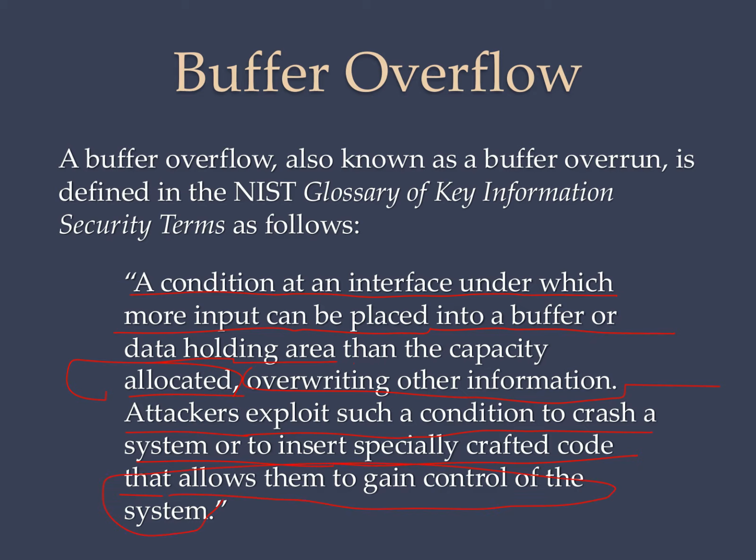So what is being told here is this. In your program, you allocate a buffer and you expect the input to be less than or equal to this buffer. So let's say you have a buffer of this size and you have an input of this size maximum. So you expect it to fit in here. So how do you do it? You have a control over here.